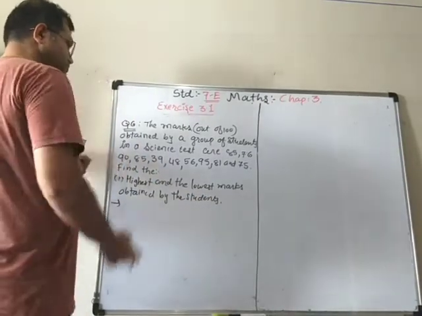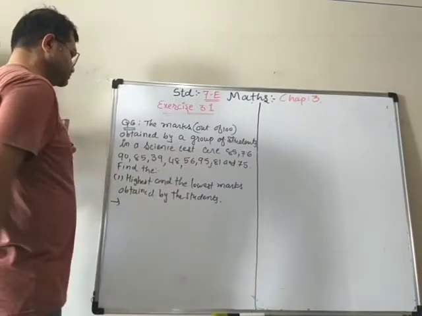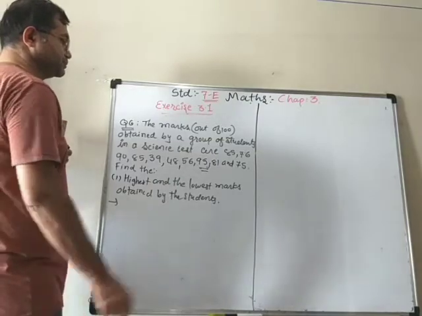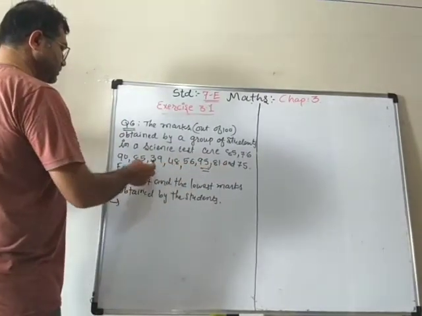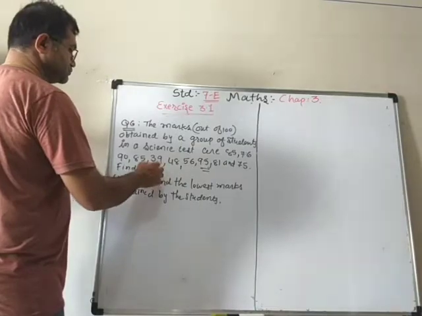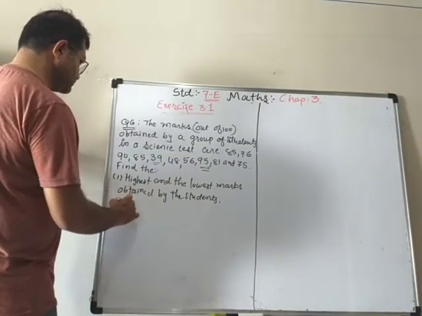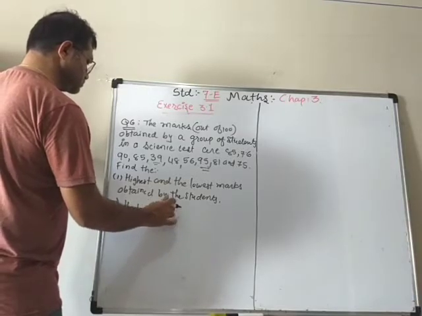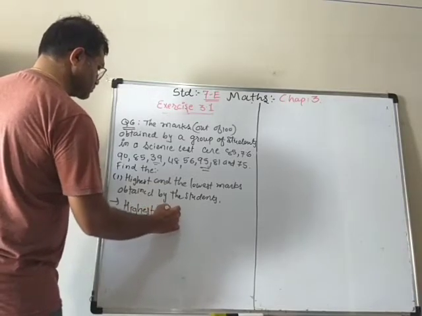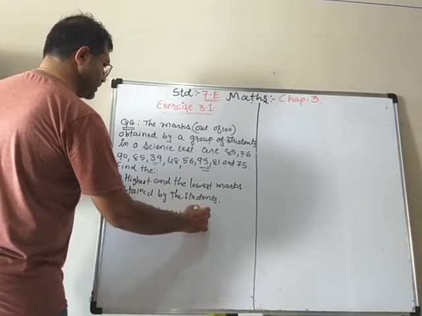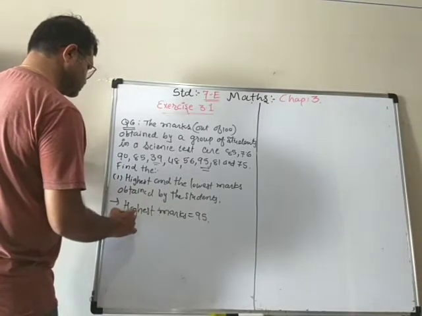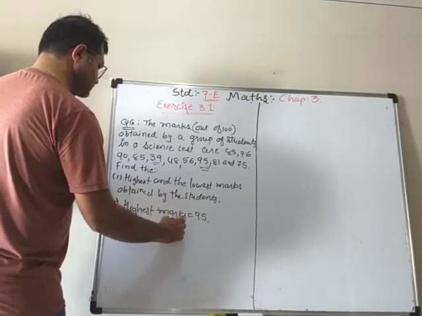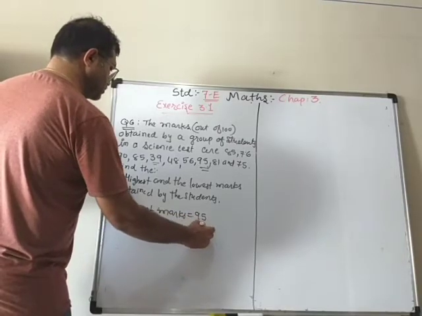So you can see that among these marks, highest is 95 and the lowest will be 39. So we write down highest mark is equal to 95 and lowest marks is equal to 39.